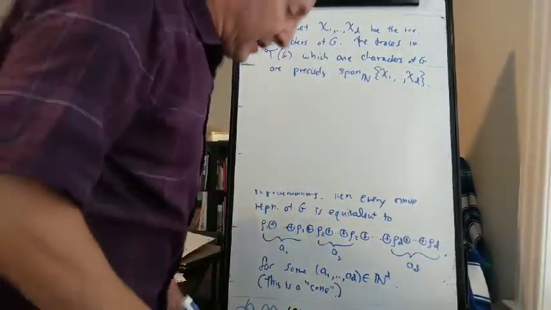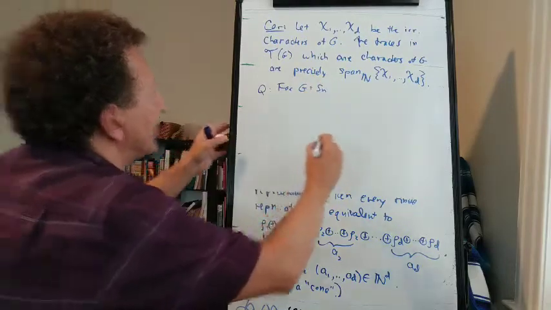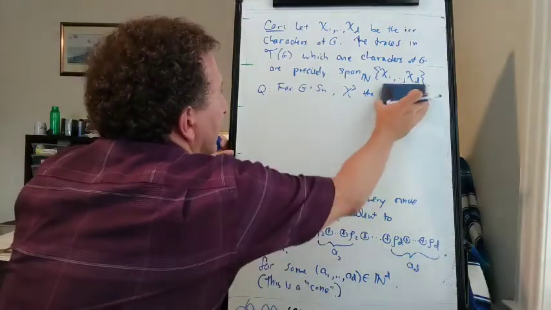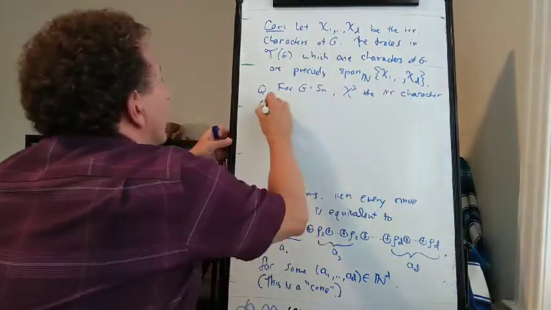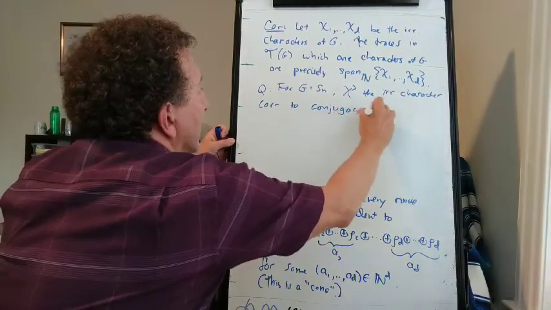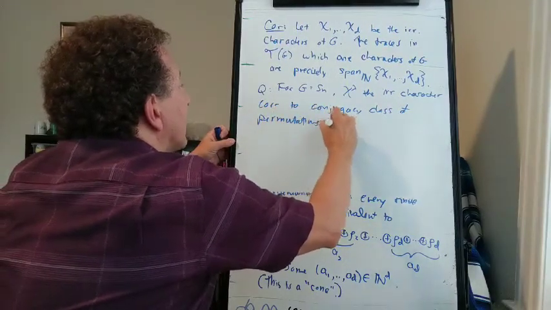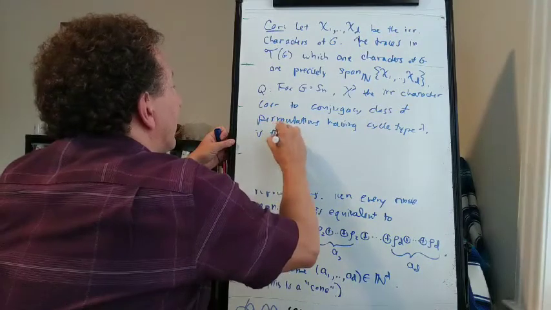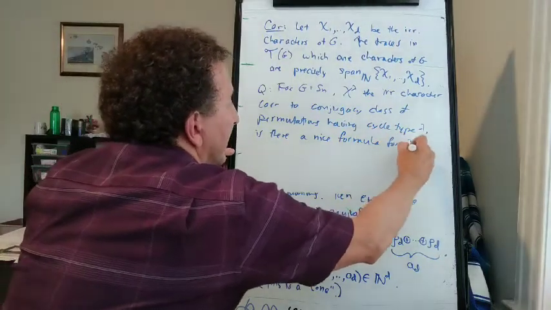All right, now I think a question that's natural to ask is, for G the symmetric group and chi lambda the irreducible character corresponding to the conjugacy class of permutations having cycle type lambda, is there a nice formula for chi lambda of G?